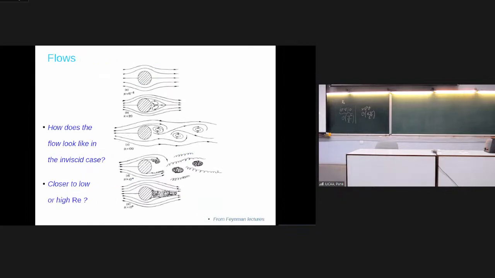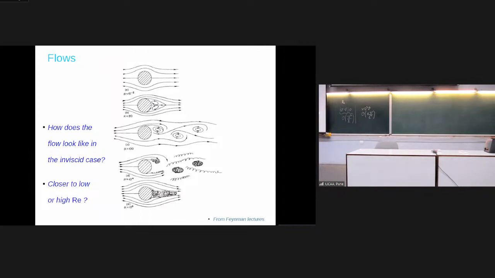If I look at flows at different Reynolds number, and as we go to larger and larger values, this is nothing but a flow past a cylinder. Just impose a flow of constant speed, and make sure that your Reynolds number is changing. It doesn't matter how you change the Reynolds number; you just change it because that is the only control parameter.